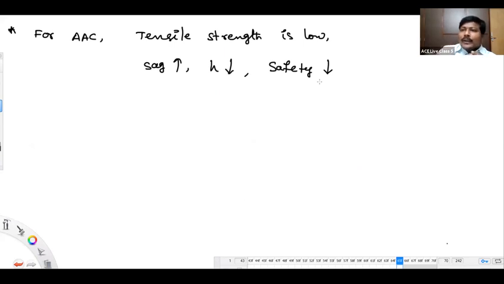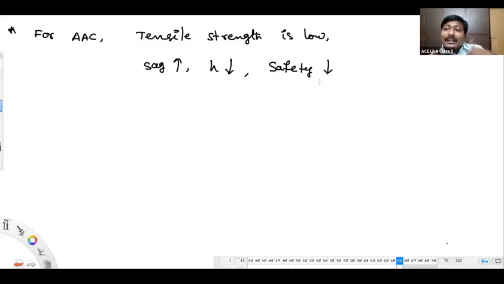This is a problem we are facing if we go with the AAC conductor. Actually, we are moving from solid conductor to AAC conductor in order to reduce the skin effect. Okay, skin effect will not become zero. Listen please. By moving from solid conductor to AAC, there is still a skin effect, but it will be less compared to solid.